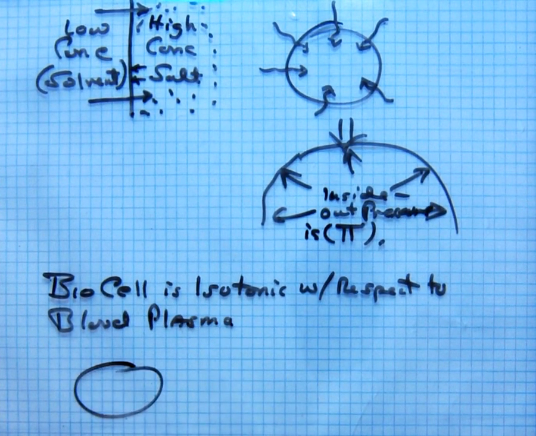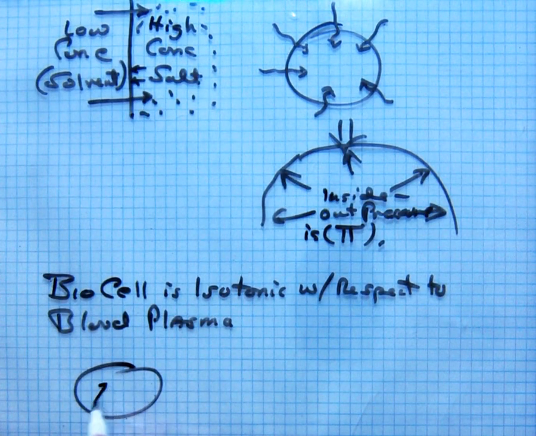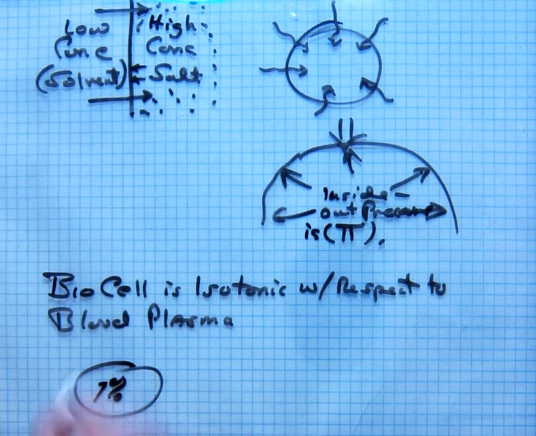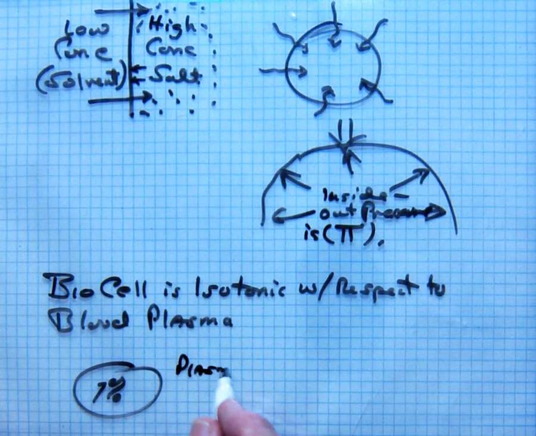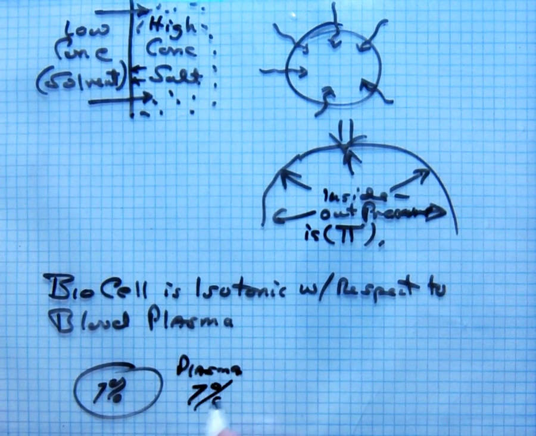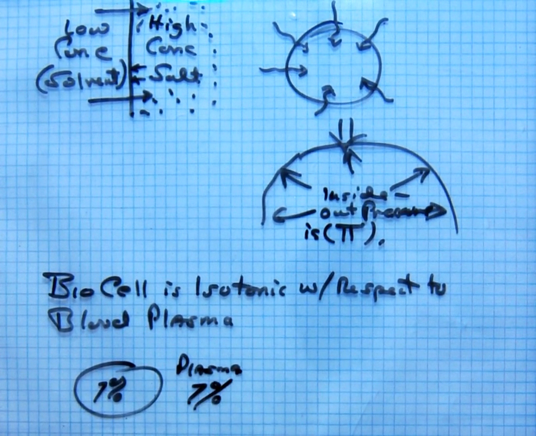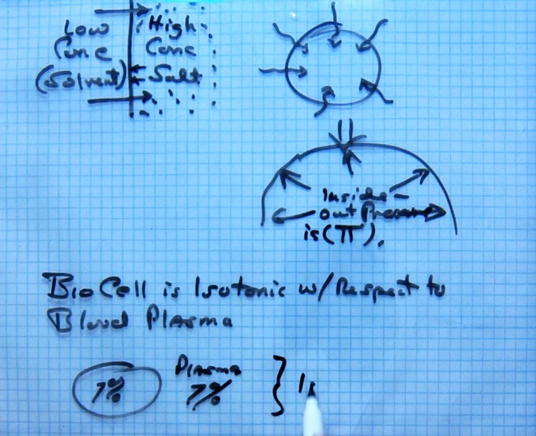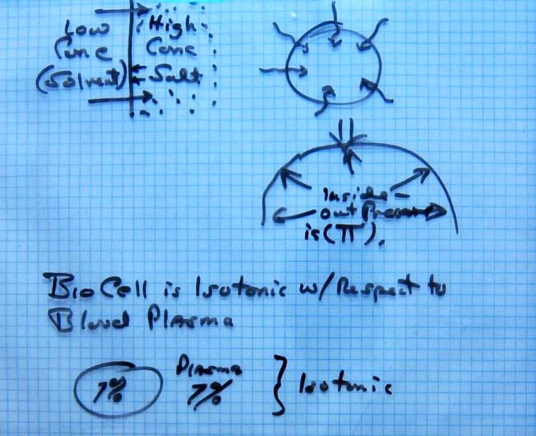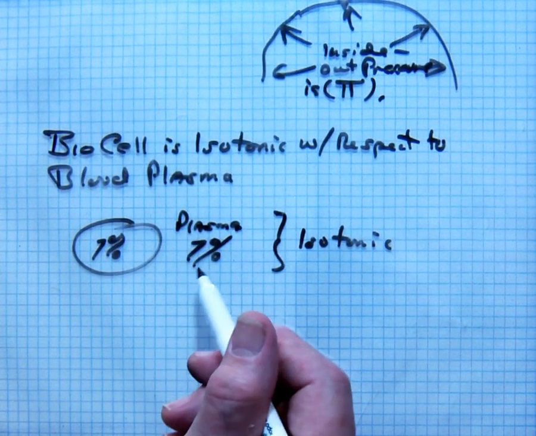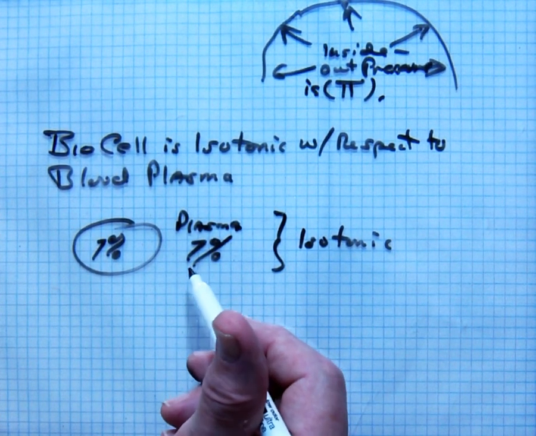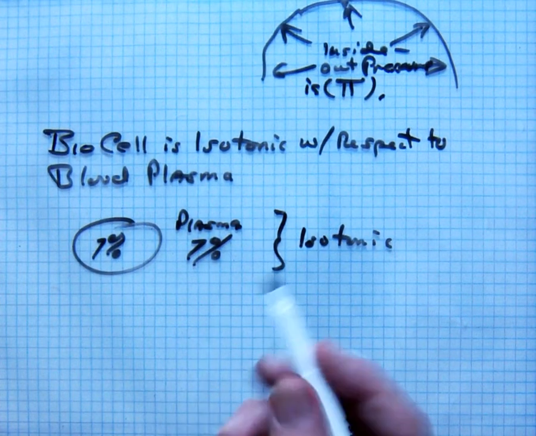That is, if you have a cell, it's typically about 7%. You got 7% salt on the inside of the cell, and the plasma outside is also 7% salt, and that's what we call isotonic in context.